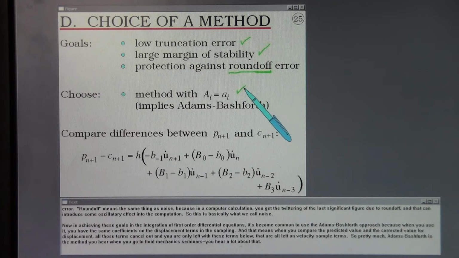And that means when you compare the predicted value and the corrected value for displacement, all those terms cancel out, and you're only left with these terms below that are all on the velocity sample terms. So pretty much Adams-Bashforth is the method you hear. When you go to fluid mechanics seminars, you hear a lot about that.